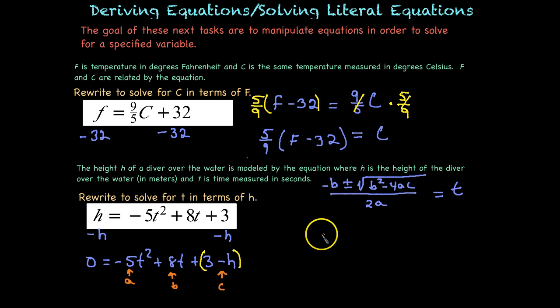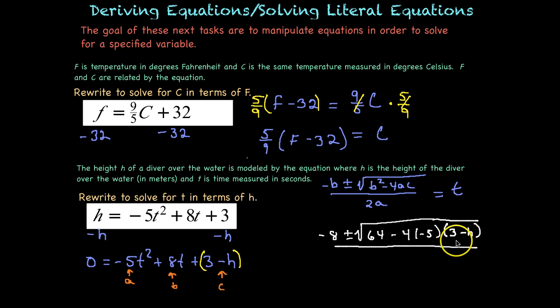Negative b, that would be negative 8 then, plus or minus the square root of b squared, which is 64, minus 4 times a, which is negative 5, times c, which is 3 minus h, all over 2 times a, which is negative 5.